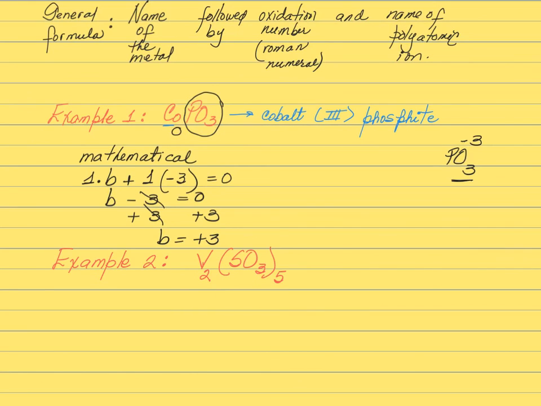I know what your reaction is, that every time you see more than 2 elements in a formula, you get scared. Okay, but you're going to follow my steps. First, you're going to analyze the first element that is involved. And I want you to notice that the compounds that I'm putting over here, I'm making them up. I don't know if they exist in real life. I'm just making them up. Okay, so I'm going to look at the first one, V. Vanadium is a transition metal. So this is an ionic compound.